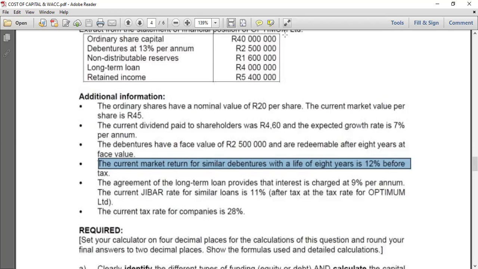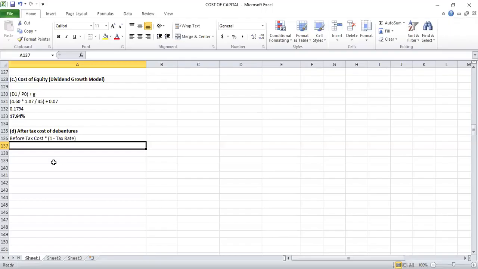If it's before tax, you have to express it as an after tax cost. So we're going to say 12 multiplied by 1 minus our tax rate.